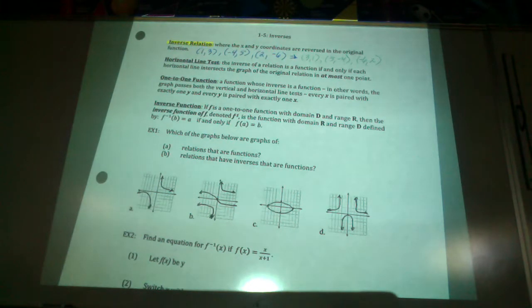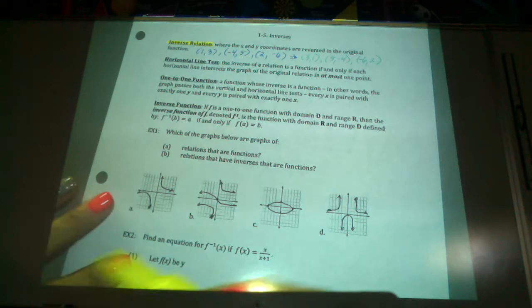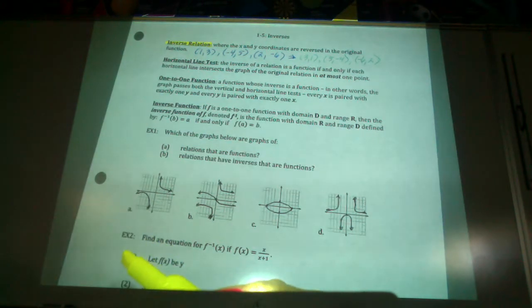We can look at an original graph of a relation, and we can determine if that relation has an inverse. Every relation has an inverse. Not every inverse is a function. So we have the vertical line test for relations to determine if it's a function. If I move that vertical line through that graph, it should only touch it once if it's a function.